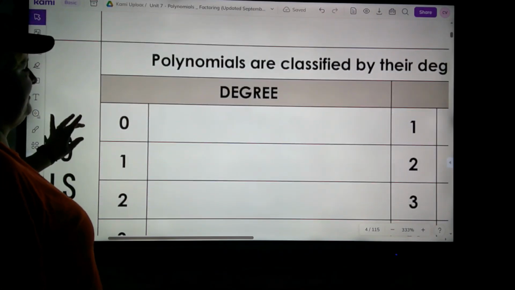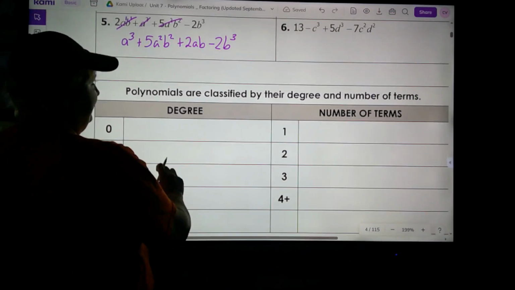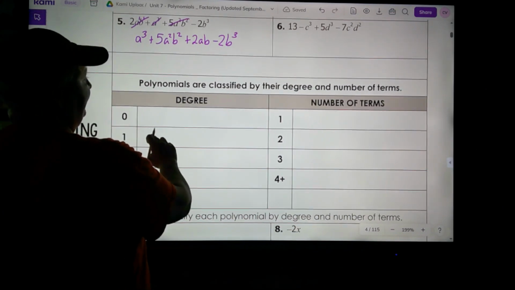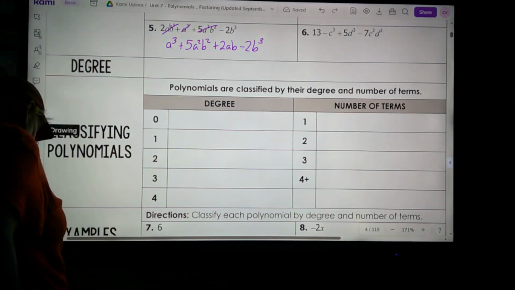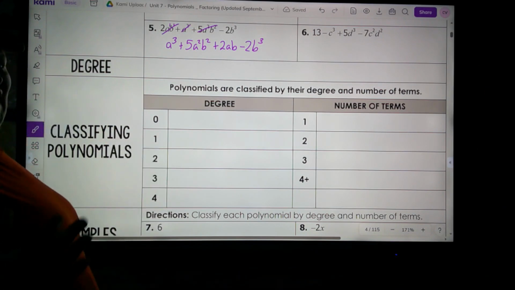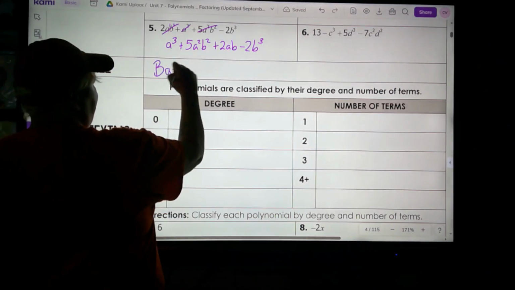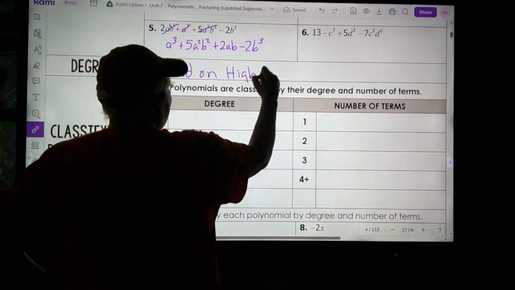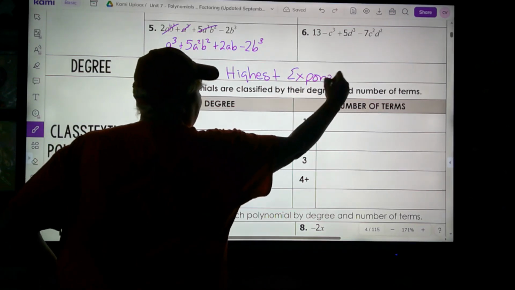All right, the next thing we have to do is classify them by degree and number of terms, right? So to classify something by degree is to look at the highest exponent. Right?